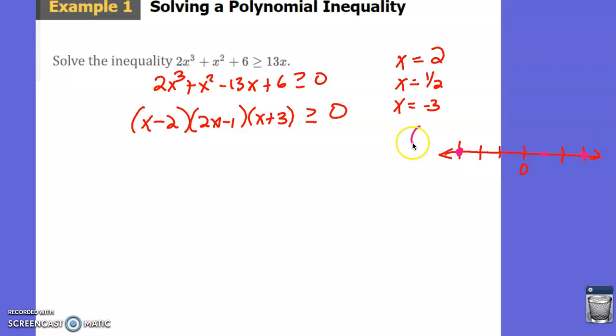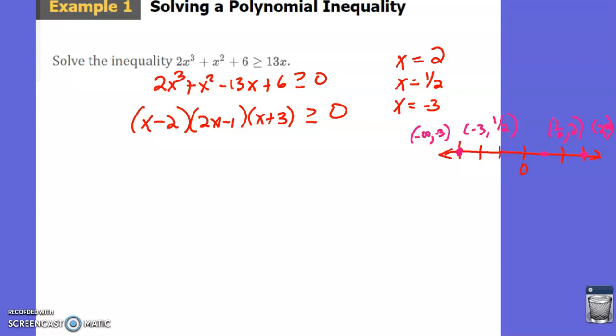You have the interval from -infinity all the way to -3, then from -3 to 1/2, then from 1/2 to 2, and then the interval from 2 to infinity. Those are the four intervals, and what we're going to do is test those intervals to see if it's a true statement.